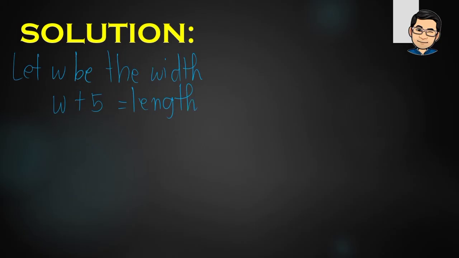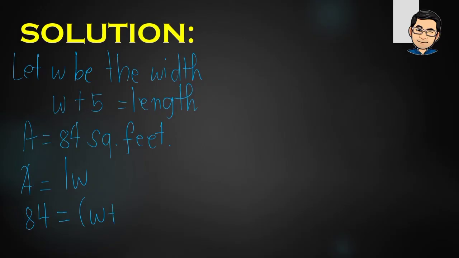And then, the given area of the garden is 84 square feet. Now, the formula of the area of rectangle is LW. L stands for length, W stands for width. So, isa-substitute lang natin ngayon yung mga given natin. That will become 84 equals the given length na in terms of W siya, W plus 5.